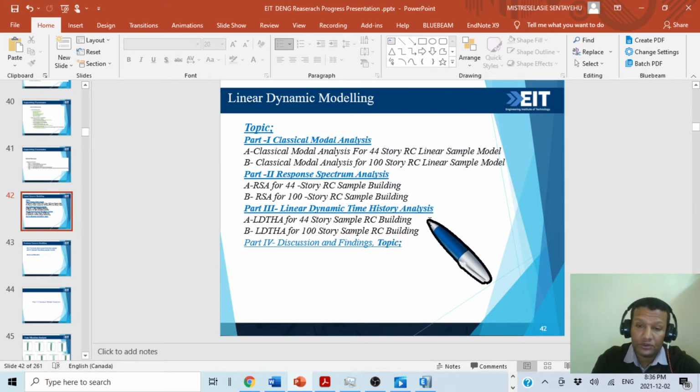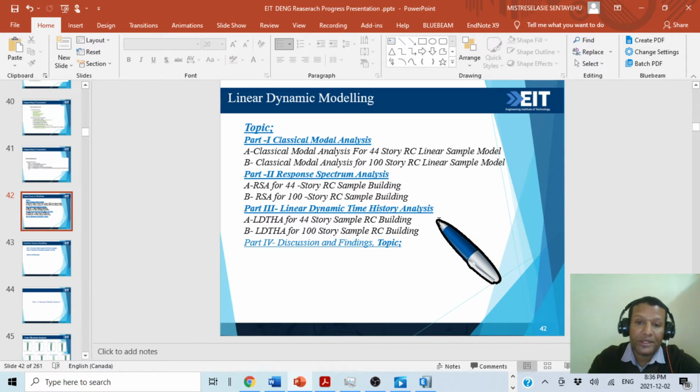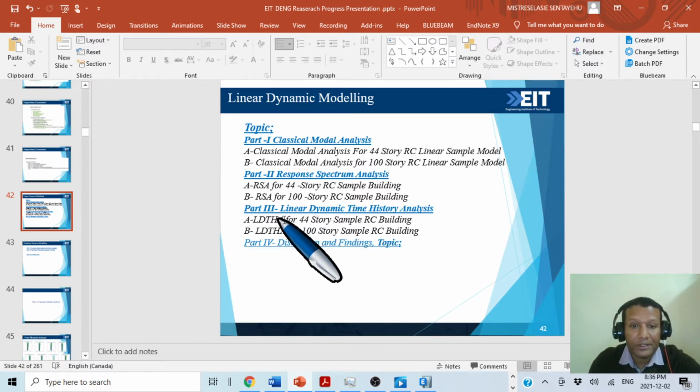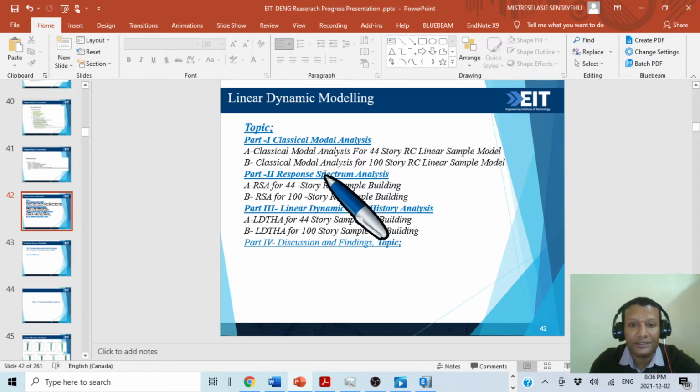SeismoMatch also has, and ETABS also has matching criteria, with time domain or frequency domain, to match the real ground motions extracted, and we are going to use them for our building design purpose. We will check all the responses and the designs when we compare with response spectrum and modal analysis, and there is discussion and findings. We will continue.